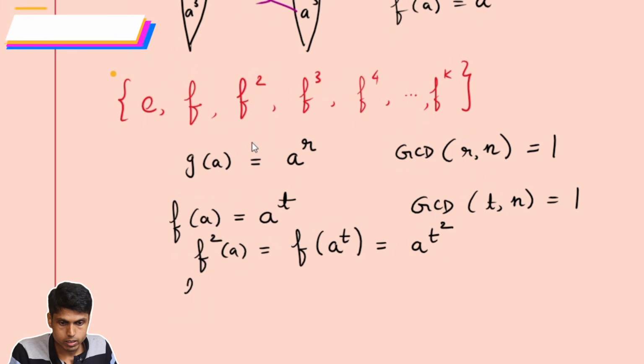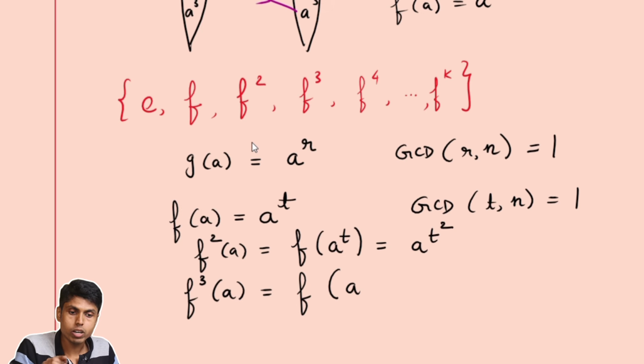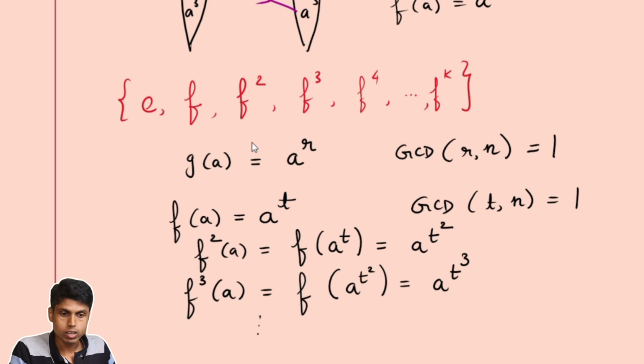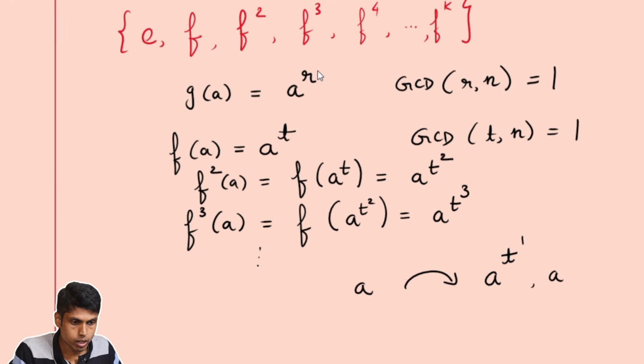Then consider f power 3 of a, that will be f of f power 2 of a, which is f of a power t square, and that will be a power t cube, and so on. So by this, I can only map the value a to a power of a with powers as powers of t, like a power t power 1, a power t power 2, and so on, up to some a power t power l.